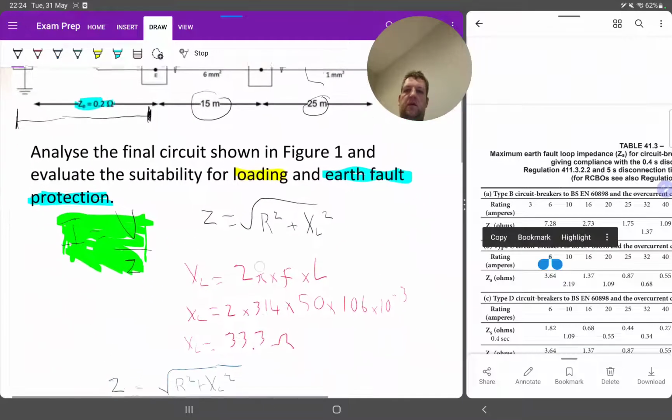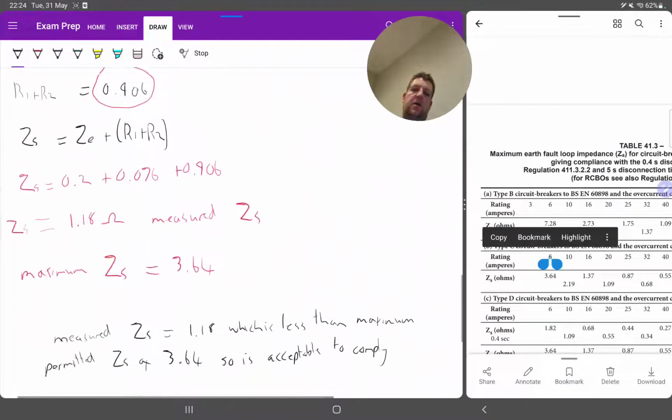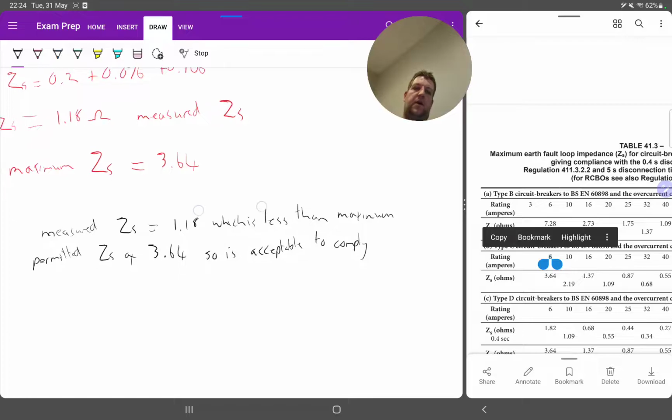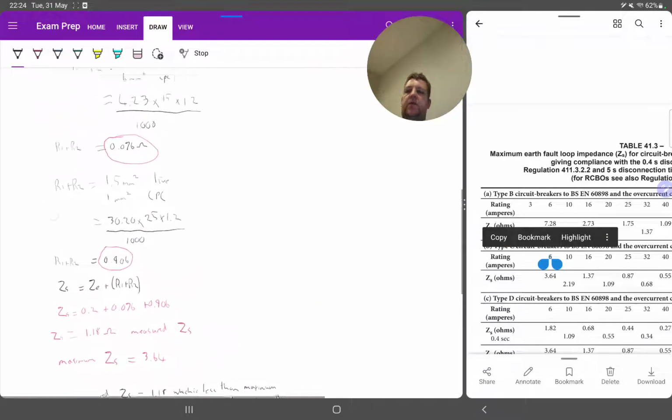So if you look at what it's asking, we're answering the question earth fault protection. So make sure you answer the question to comply with earth fault protection. So make sure you show every bit of working out, every step-by-step guide, number it up if you like down the side.